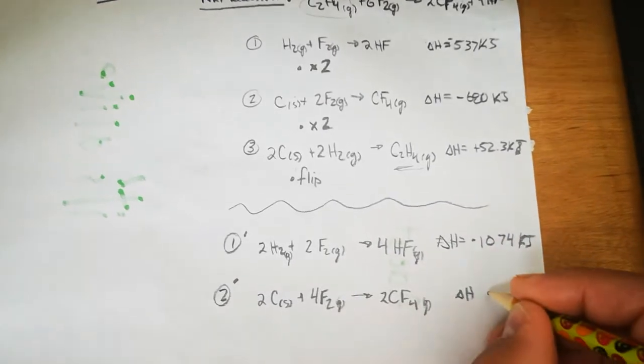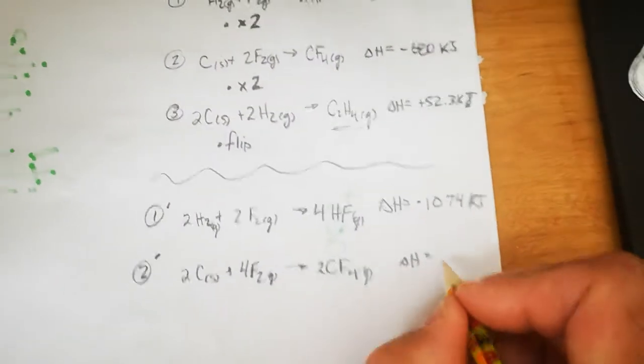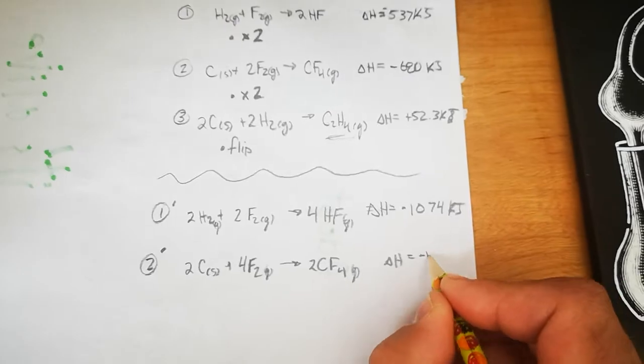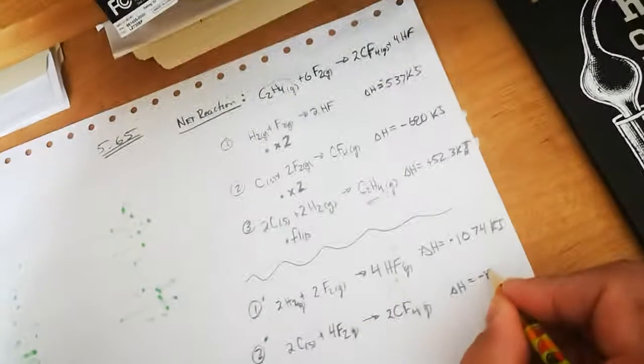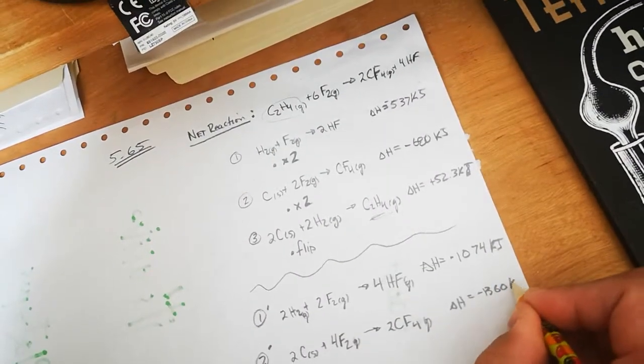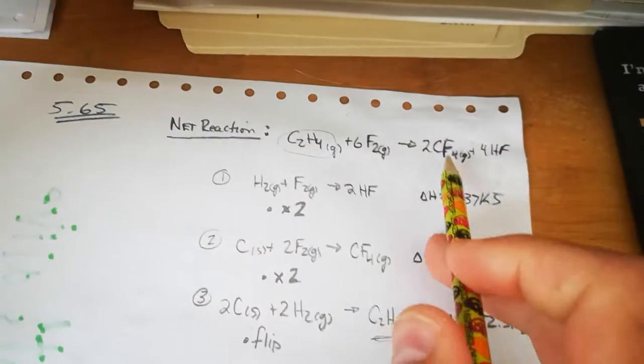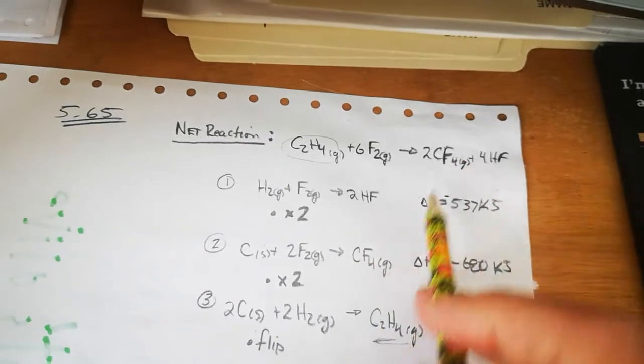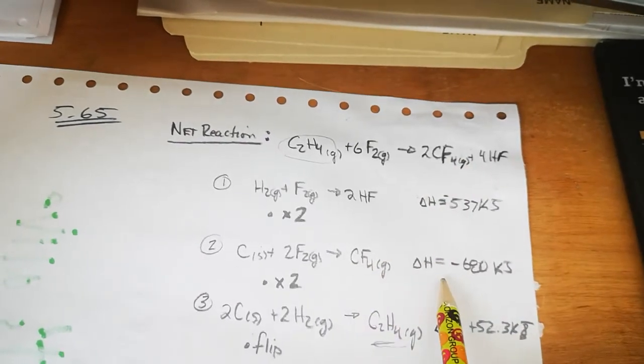And our delta H will be equal to negative 1360 kilojoules. So again, you doubled the reaction so that the net reaction and your part reactions here would line up. But if you double this, you got to double this.